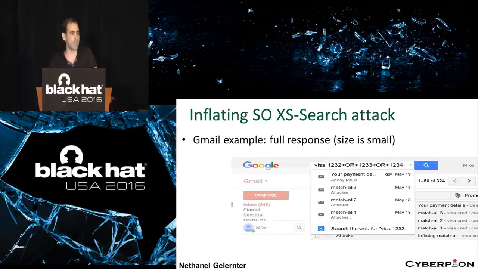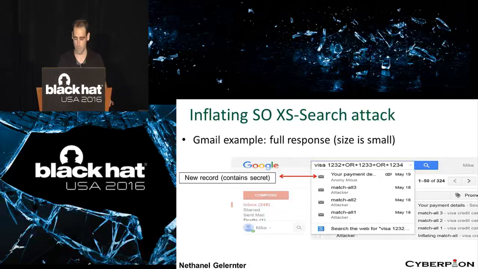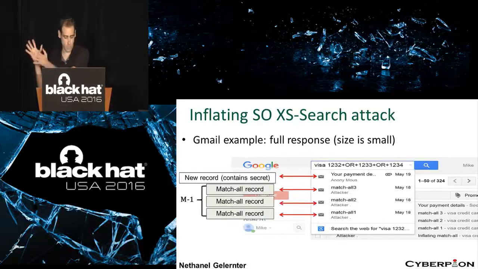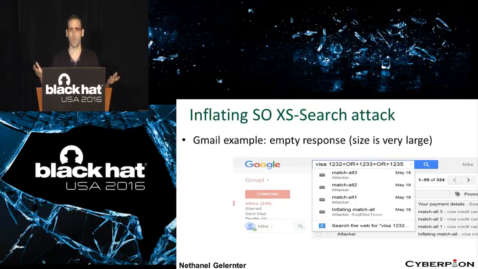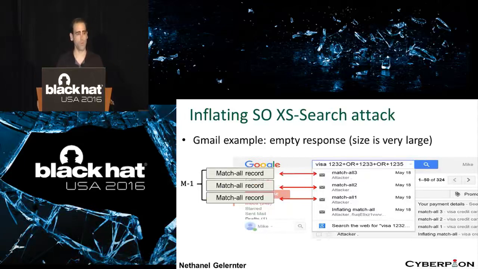And in the response, you can see that the first record is the record with the secret, the record with the credit card number. The other n-1 records are the match-all records. The size of this response is normal. On the other hand, if the attacker sends a request for autocomplete suggestions for a set of values where none of them is part of the credit card number, then in this case, we have only match-all records, the n-1 match-all records, and we also have the inflating match-all record.